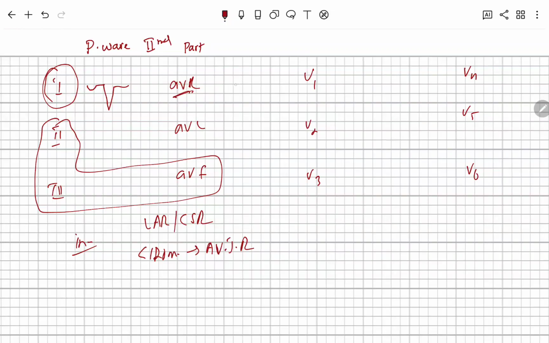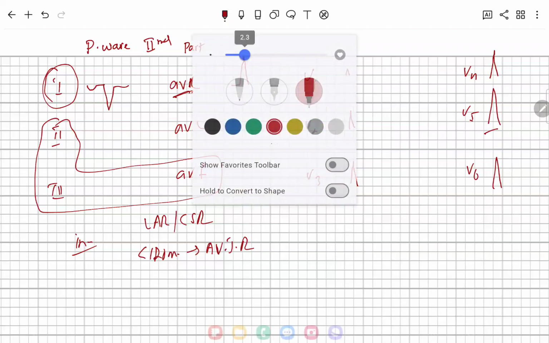In AVR, if we find that the QRS complex is facing upward, and we see the normal progression of R wave, like in V1 there is a small R wave, then a little bit larger R wave, then increased height of R wave, then V4 more increased, and then R wave height is maximum in V5, this pattern is called the normal progression of R wave.